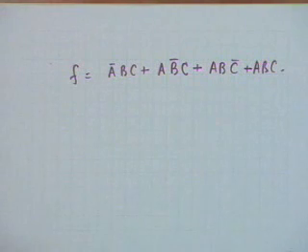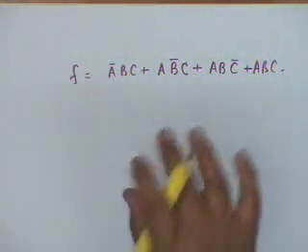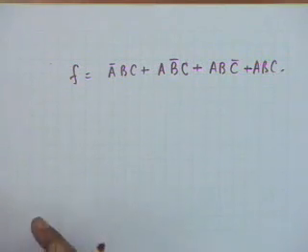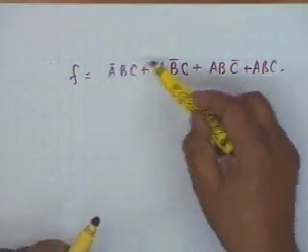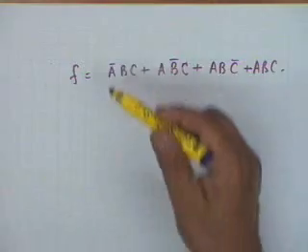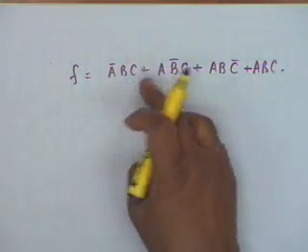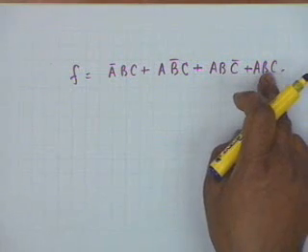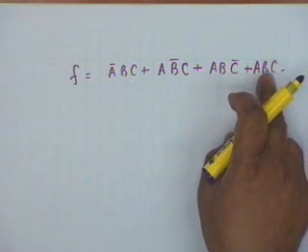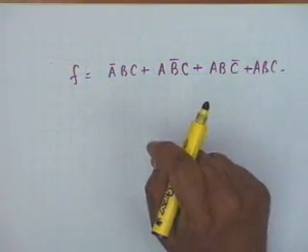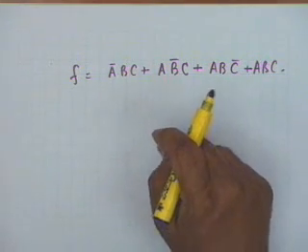Now, I want to make a digital circuit to realize this. If I make a straightforward realization, then you require 1, 2, 3 inverters, A bar, B bar, and C bar, 3 NOT gates, and 1, 2, 3, 4 AND gates, 4 AND gates, and how many OR?